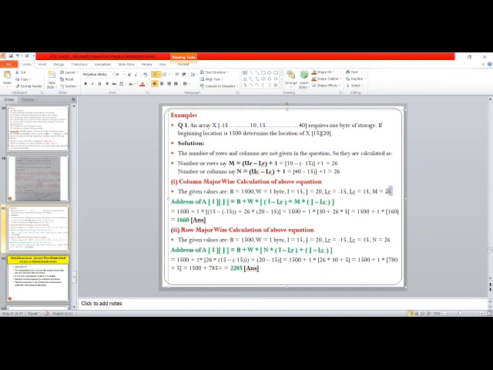M is here 26, so 26 rows are there. And for finding out the row major, here you will consider N. So by knowing all these values, just putting these values in the formula, you will find out the actual answer.